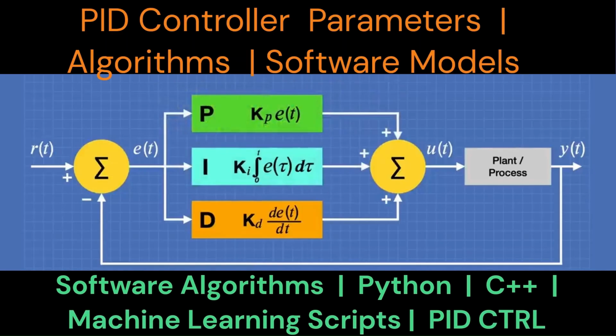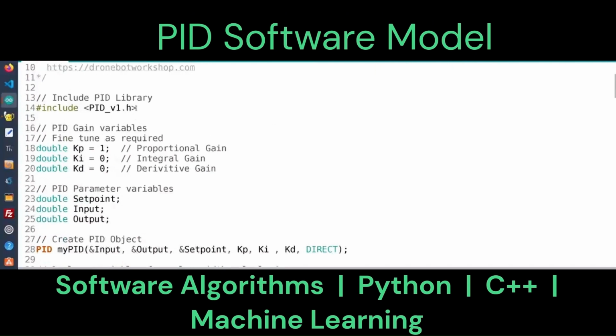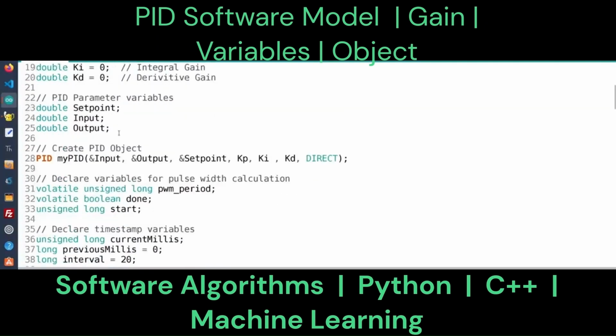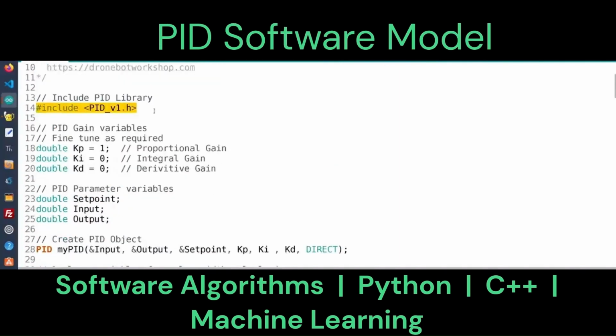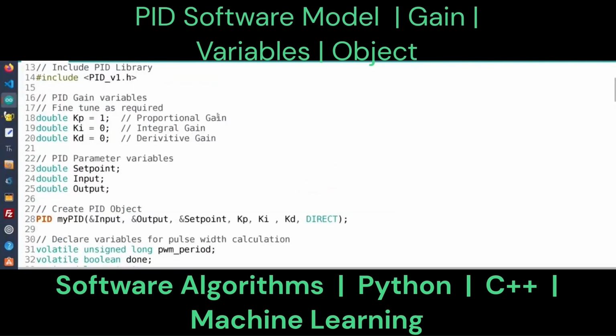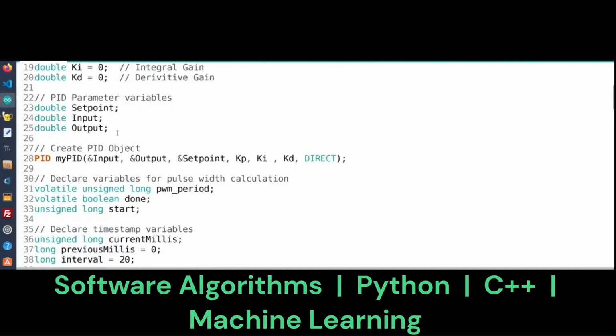The PID controller is a closed loop system, which I have explained and illustrated in this video, meaning that the final output is fed back to the input. If the output does not match the desired input, then a correction signal is applied in order to eliminate the errors.